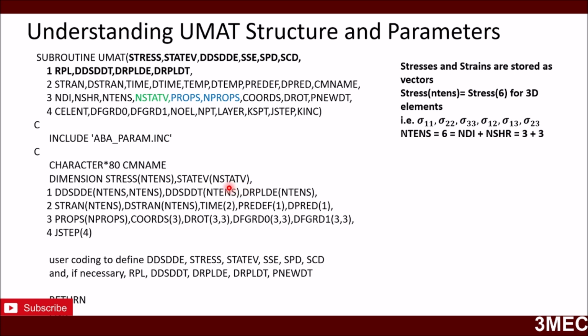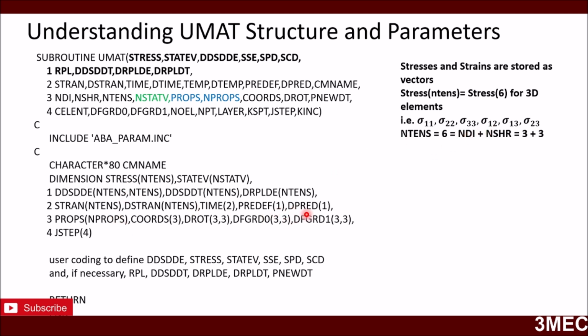Similarly, nstatv, as I already told you, is defined based on the depvar value in the input file; depending on that number, it says how many state variables there are. Again, you see this Jacobian, which is the partial derivative of the stress increment with respect to the strain increment, is 6x6 because ntens is 6 by 6 in a 3D case, and so on.